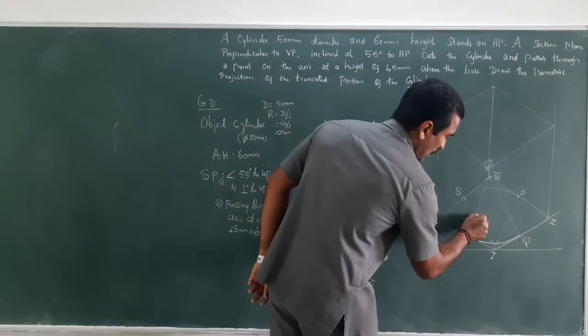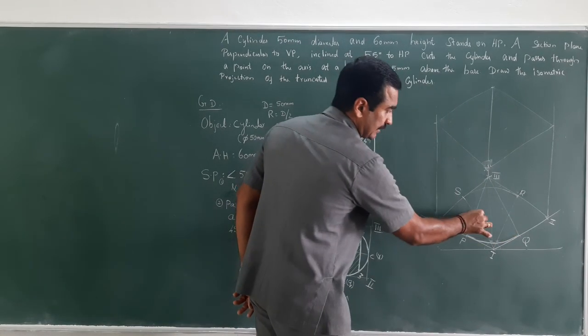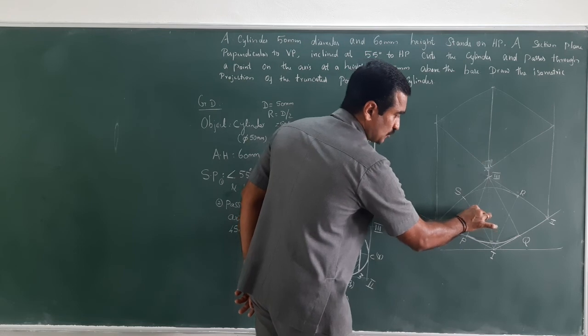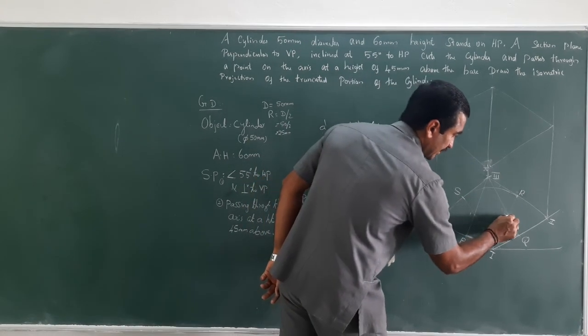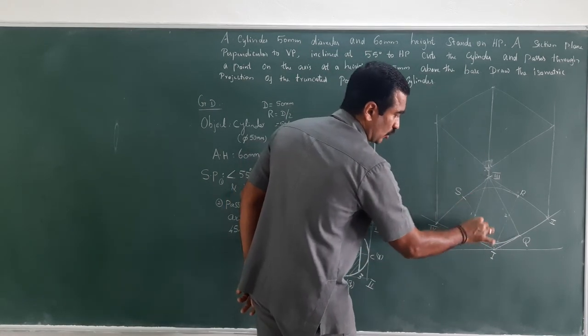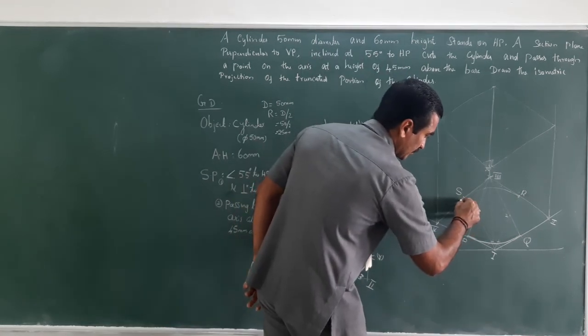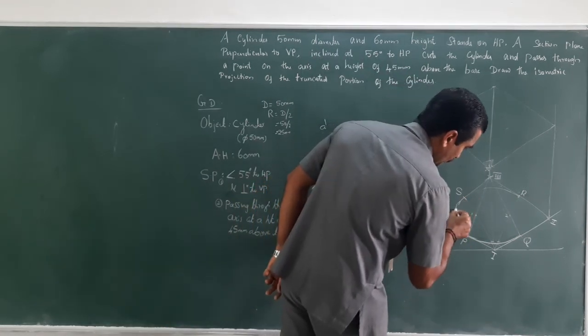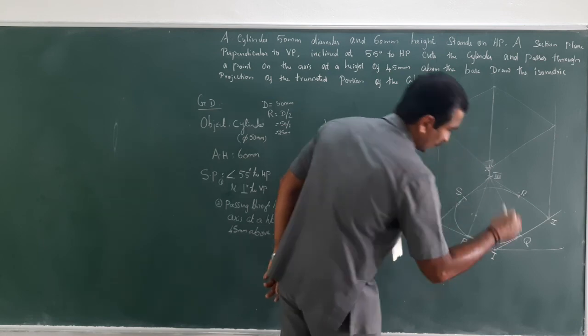Now take this point and this point as center. Now take the radius from this point to P or this point to S. Let me give the naming here so that you won't get confused. So either you take 1 to S or 1 to P as radius, 1 as center, just cut an arc.